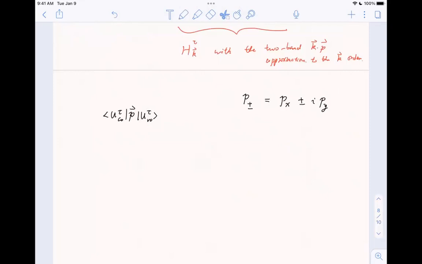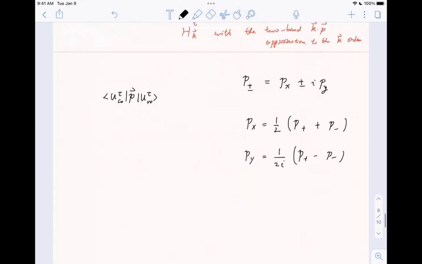After that, what is Px? Px equals P plus plus P minus, and then 1/2. Py is P plus minus P minus, and after you take the minus P minus, you get the 2i, so you're over 2i.